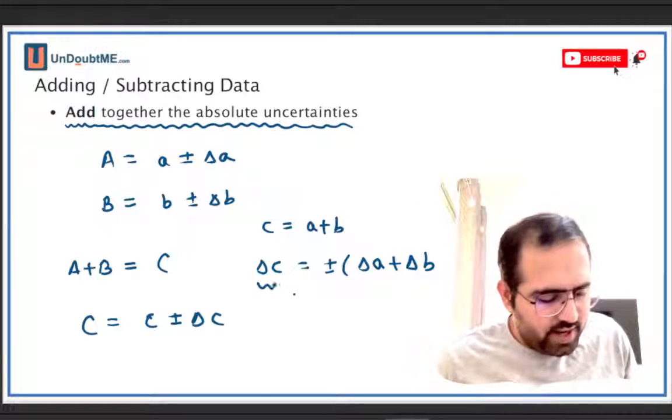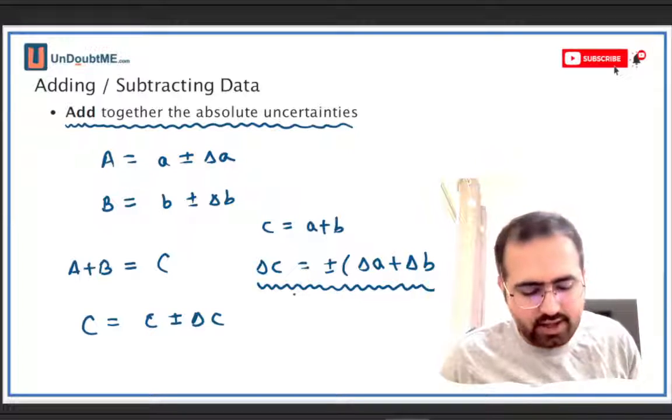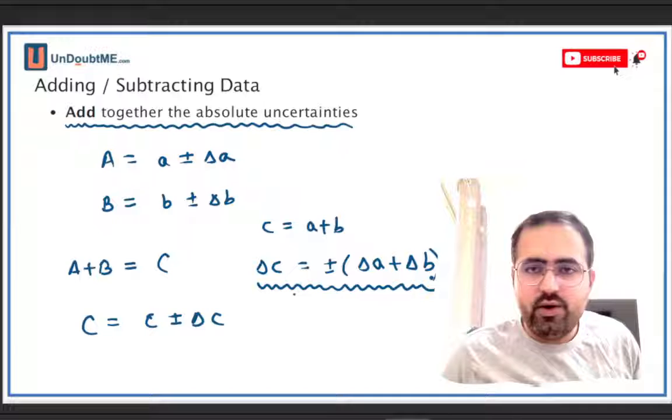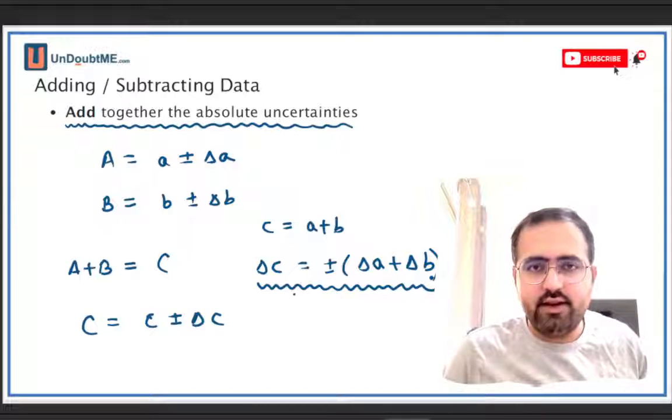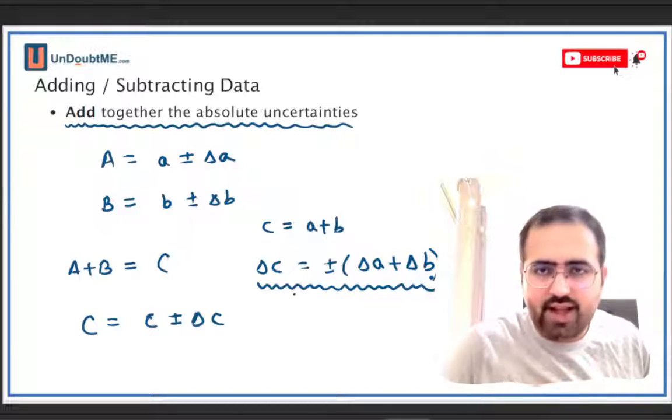I hope that the value of delta C is equal to plus minus delta A plus delta B is clear, and now it is time to move towards the uncertainty in subtraction.